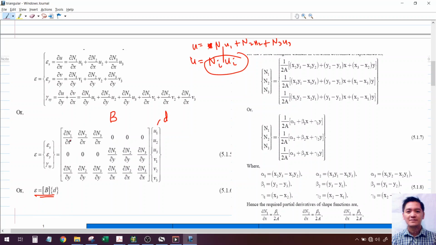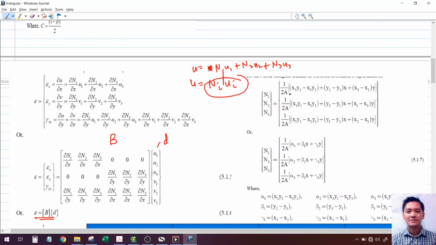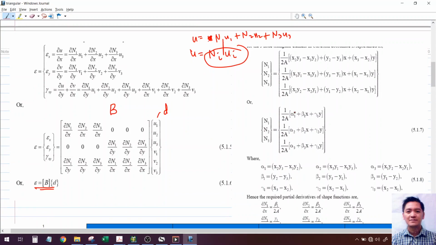So, we need to get the partial derivatives of our N matrix. Okay. So, dn1 dx, dn1 dy, so on and so forth. Okay, so ito yon, yung N matrix natin. Or in another form, ito yon.